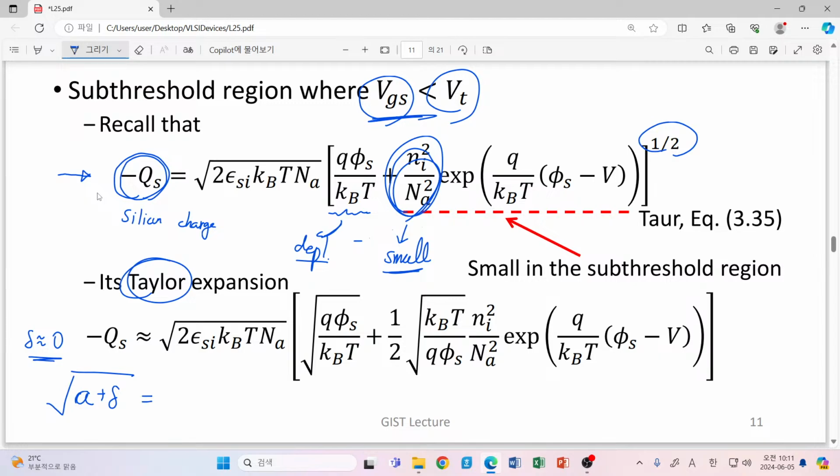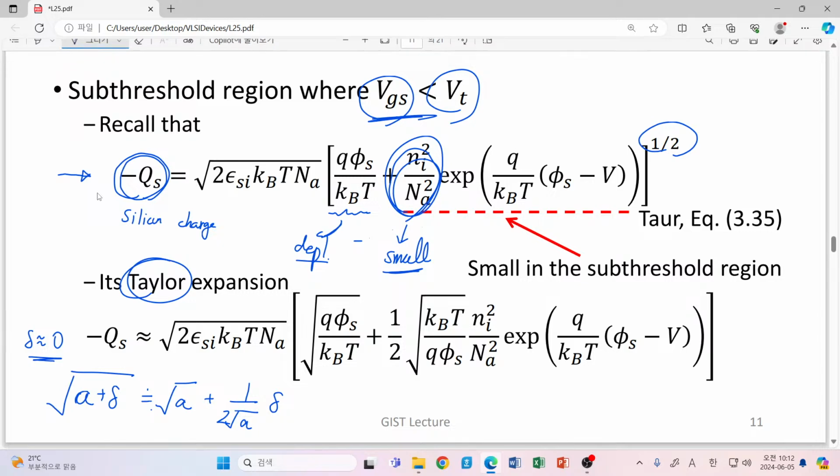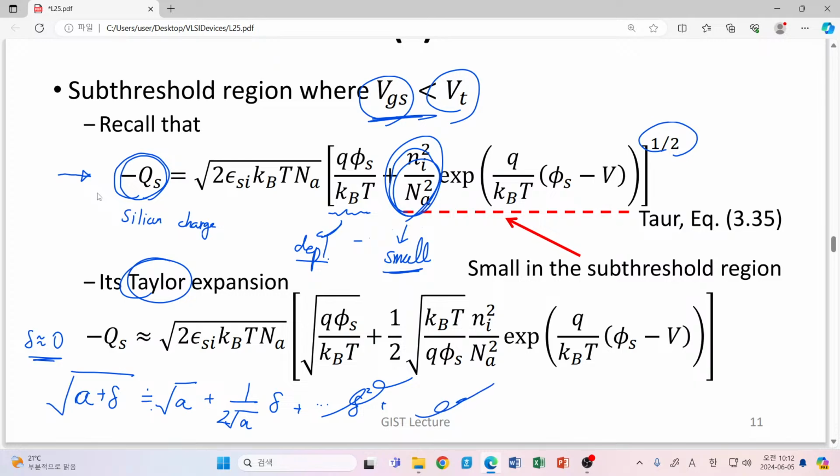Then it can be Taylor expanded as the square root of a, and also we have this leading coefficient and delta. That can be used for our Taylor expansion only up to first order. Of course, we can expand even further, like the square of delta and the cube of delta. However, all kinds of these terms can be safely neglected because delta in this case can be regarded as sufficiently small.